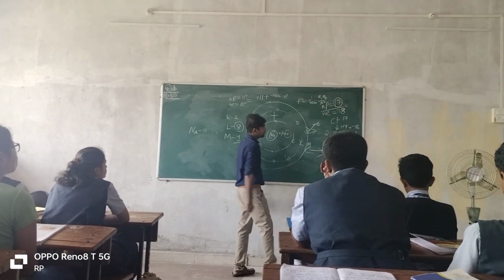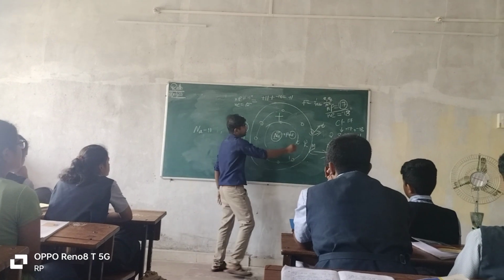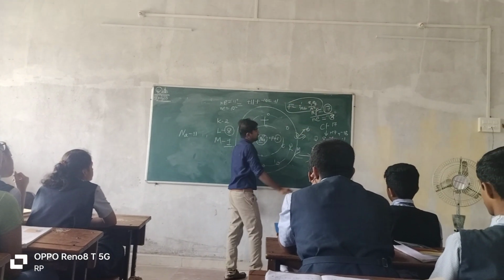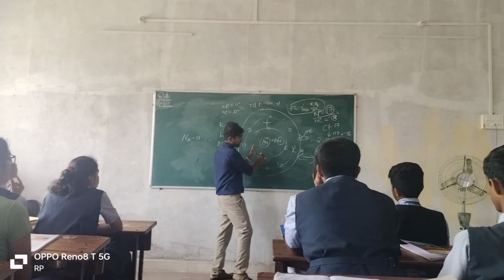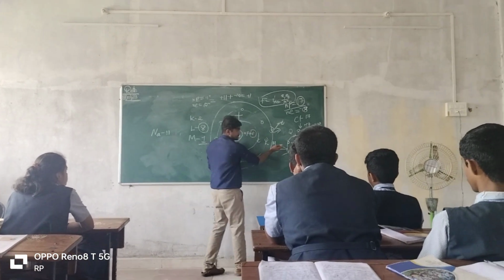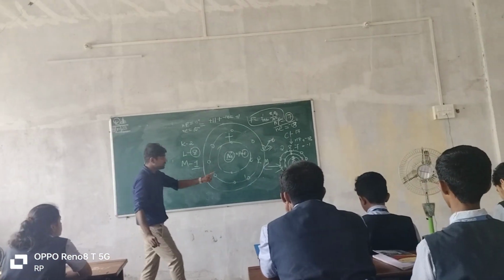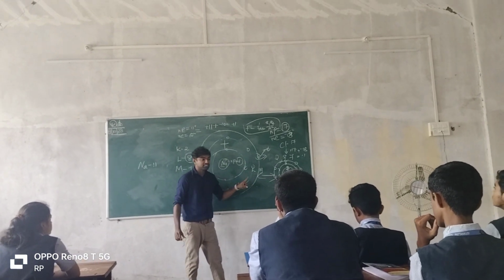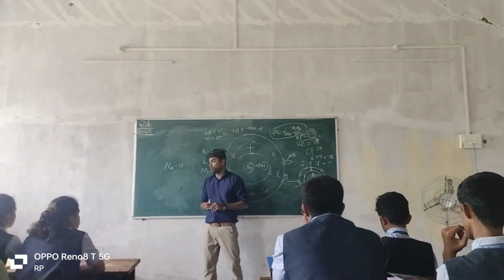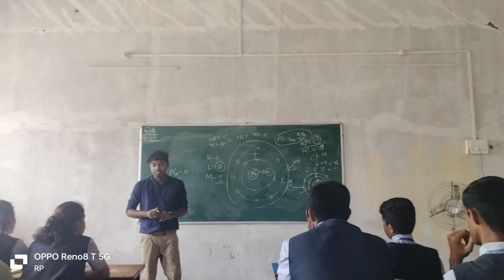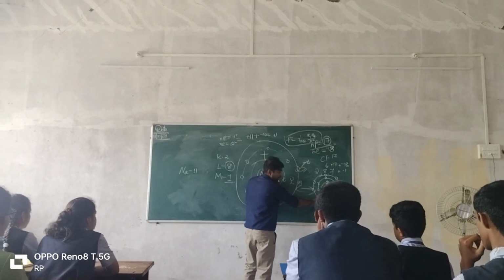So this is the magnitude of the electromagnetic force. Anyway, what is happening here? Two charges are separated by a distance, and a force will act between them. That force is the second largest force in our universe, that is the electromagnetic force.